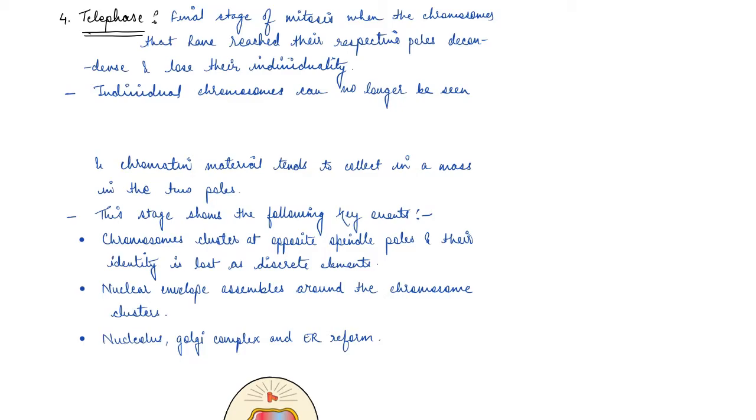So one side of all the chromosomes become one, and the other side, towards the other pole, they decondense and become one. And that is how we get two different nuclei, right? You cannot see the individual chromosomes, they are no longer visible, and the chromatin material collects in a mass at the two poles. So one gets collected towards the north pole and the other towards the south pole.